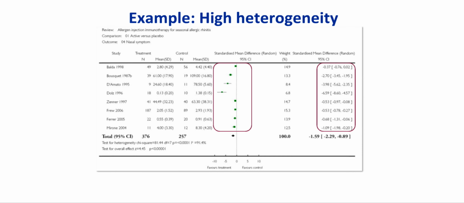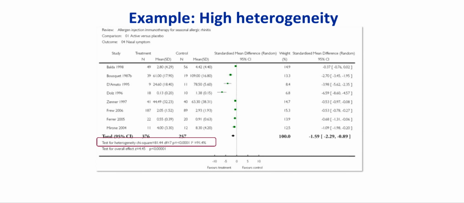As you can see, across these 8 studies, there are large differences in the actual estimate of effect, and the confidence intervals are not overlapping between many studies. The p-value assessing heterogeneity is less than 0.0001, and the I-square value is 91.4%.